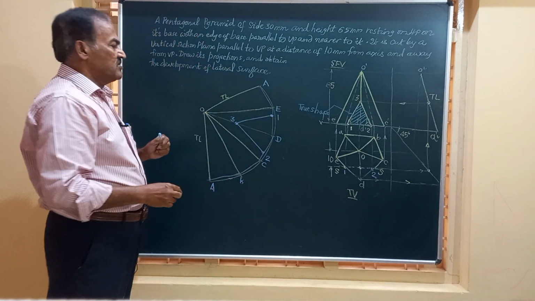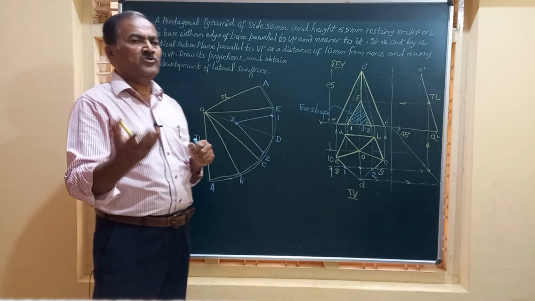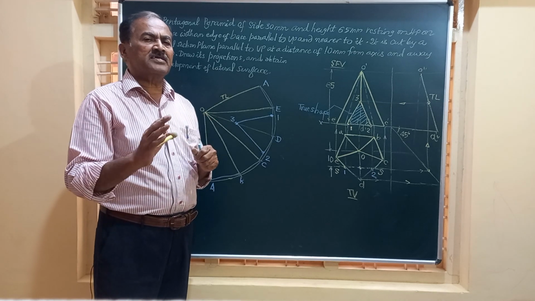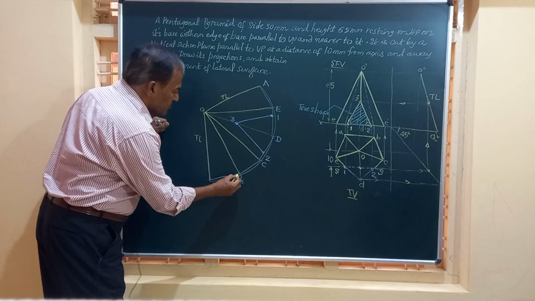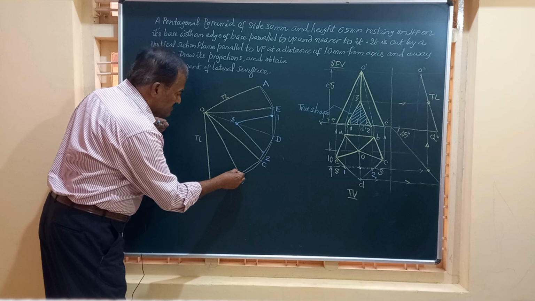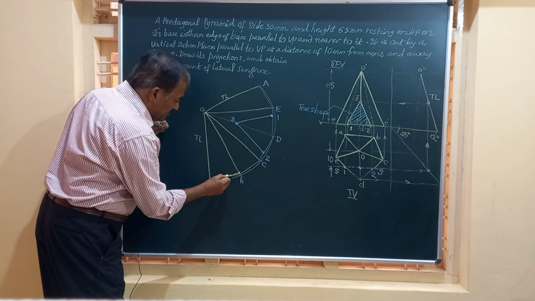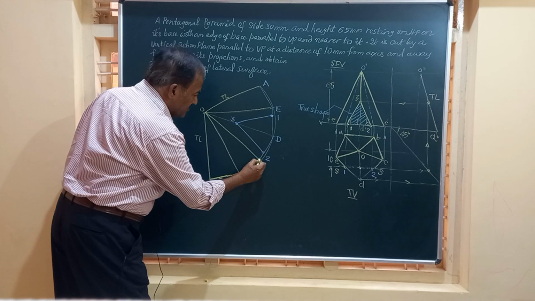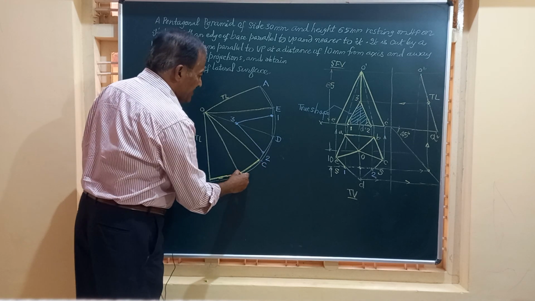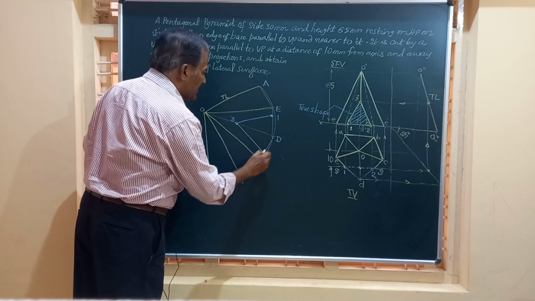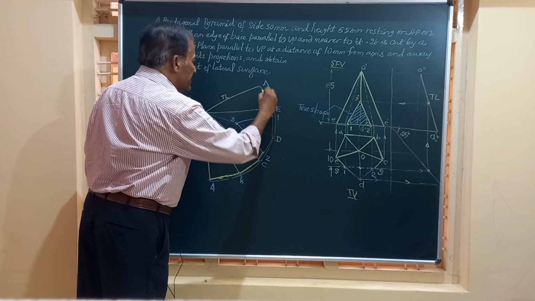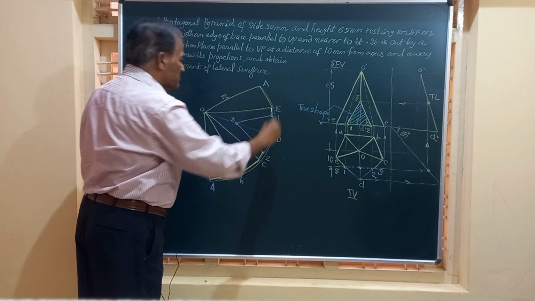And friends, for all the pyramids, as I told you before, all the base edges are straight. So I have to show this by a straight line. This is a straight line. This edge by a straight line. Portion up to here, straight line. This portion, straight line. Finally, this has to be a straight line.